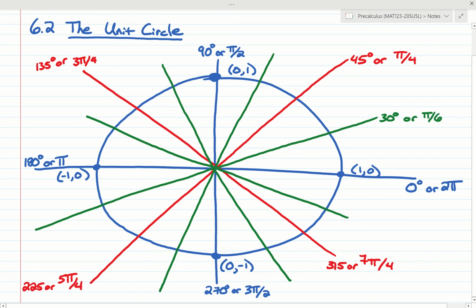Now we're going to go up by increments of pi over 6. Every 30 degrees is another pi over 6.